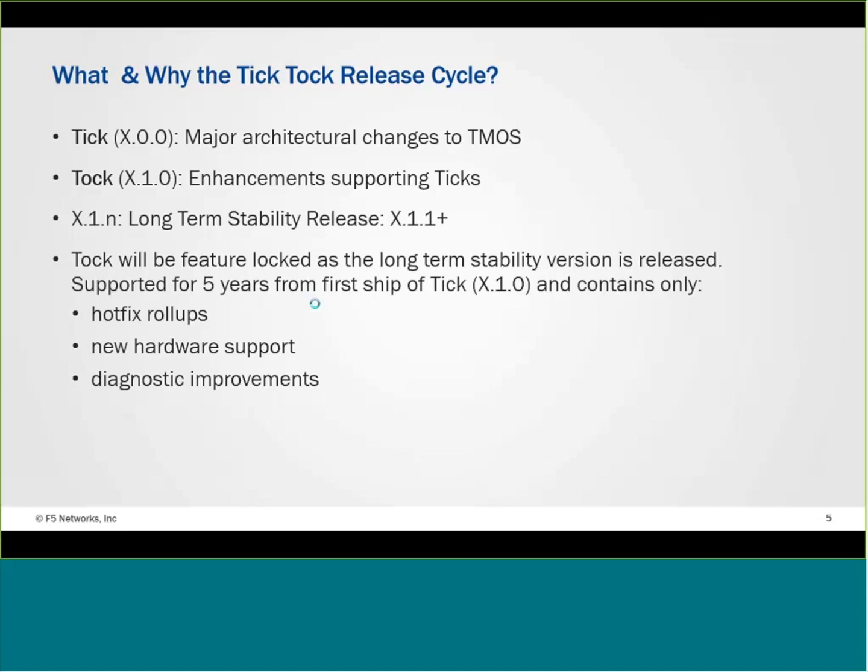So in the third bullet point here, we then have the X.1.N, which is the long-term stability release. So in this case, we would then have 12.1.1, 12.1.2, 12.1.3, and so on. This is the process which F5 will be following from version 12.